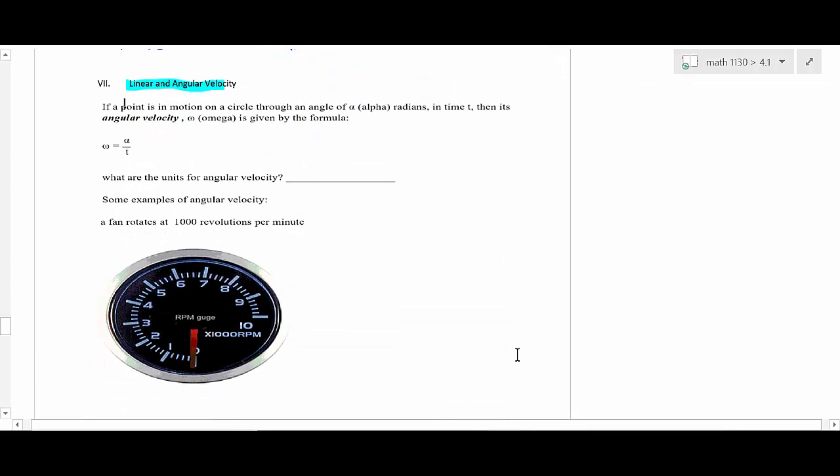Okay, so what angular velocity is, it's defined by this equation right here. A couple of things that you want to make sure that you understand is omega is the variable. Omega is what we use to represent angular velocity. Okay, and what everything else means in this formula is you've got alpha is a central angle, so that's just an angle in radians, and then t is time.